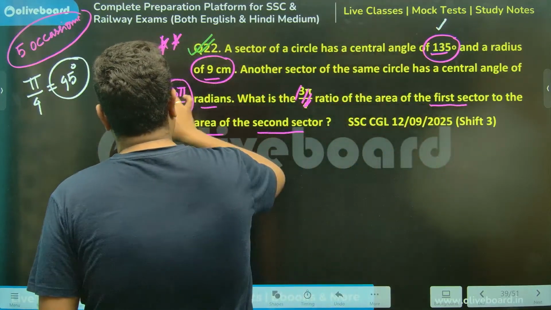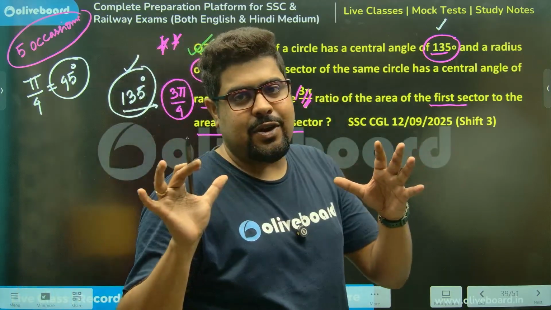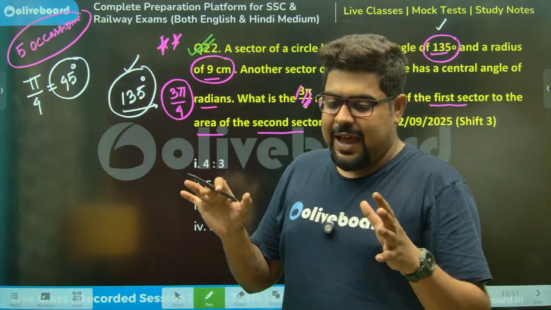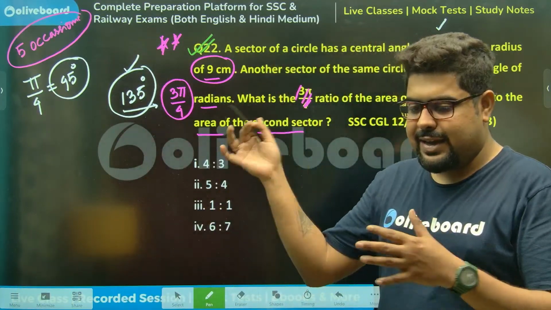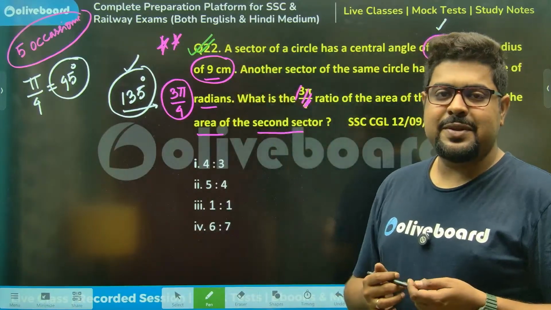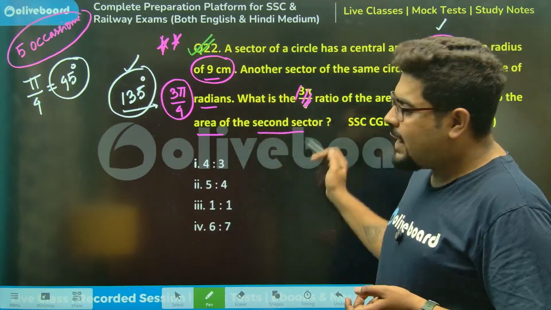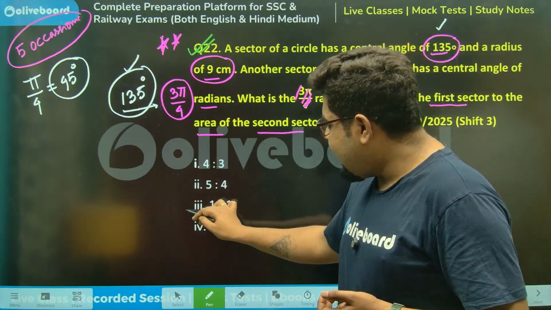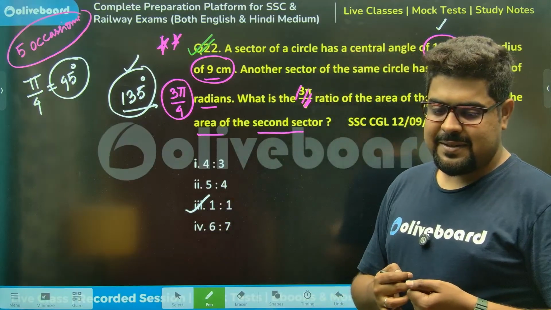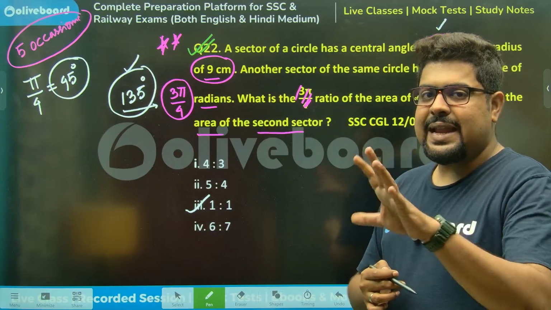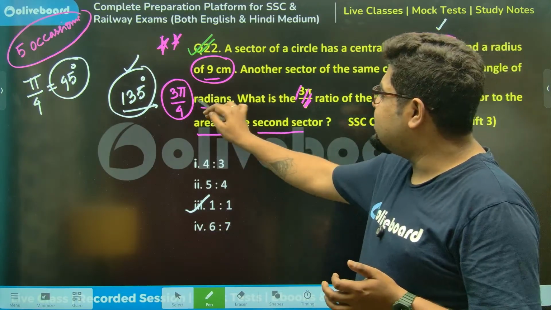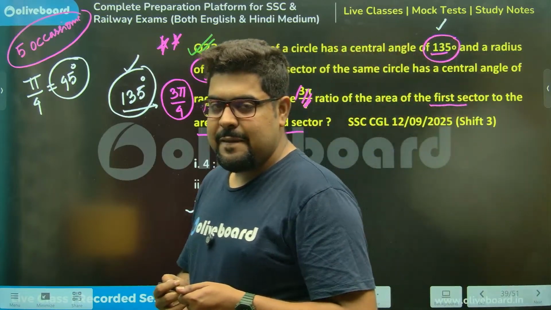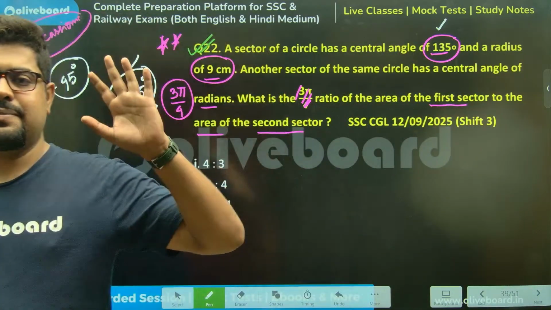So ultimately there are two sectors of the same circle having the same central angle, and the radius is also the same because the circle is the same. So without doing anything, can I mark this as my answer? The area must also be the same because the central angles are the same.